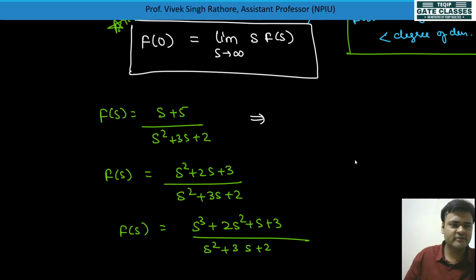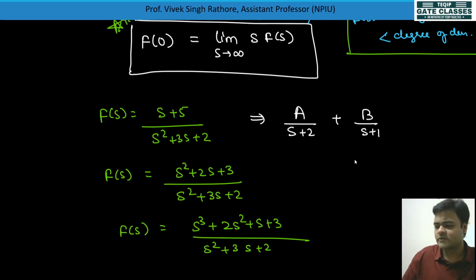In this first expression, the degree of numerator is less than the degree of denominator. So here we can write, let's suppose, a by (s plus 2) plus b by (s plus 1). Its value will be a e to the power minus 2t u of t, and b e to the power minus t u of t.